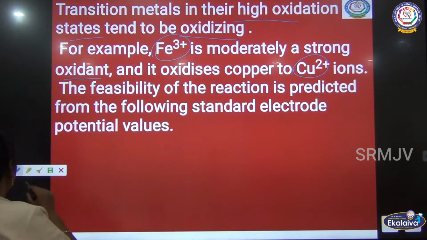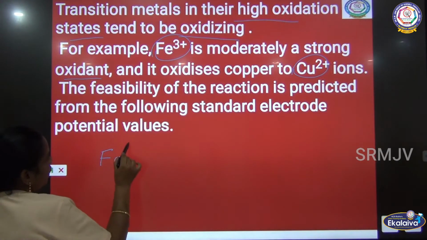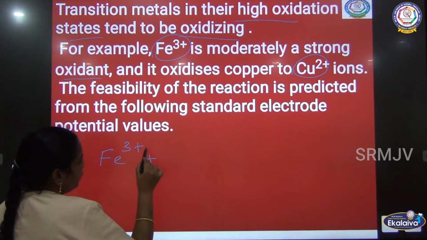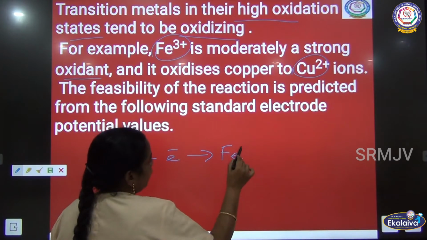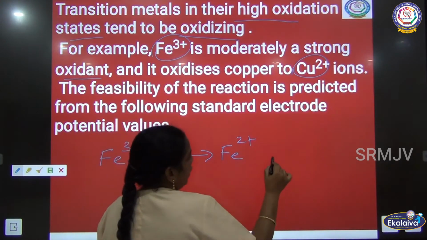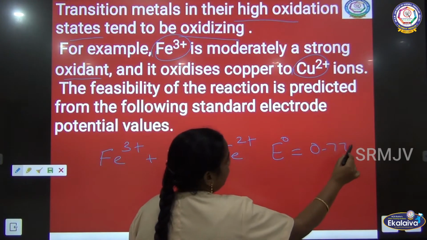Now the Fe3 plus ion is going to reduce to Fe2 plus, and the E naught value of this is 0.77 volt.